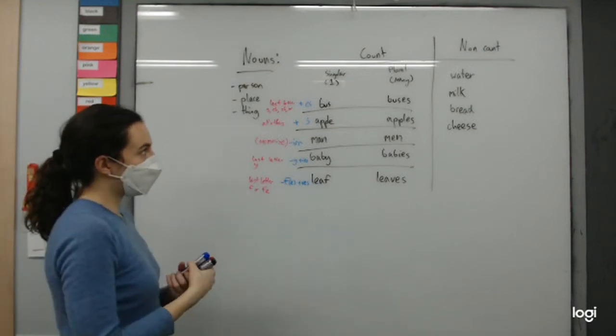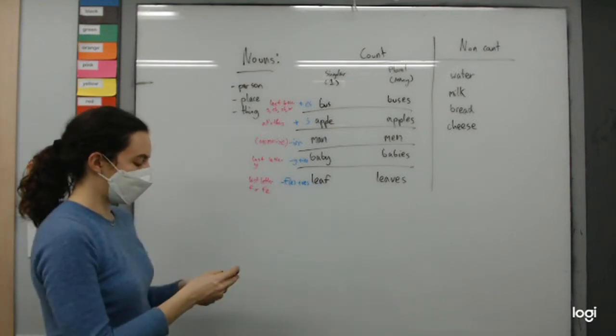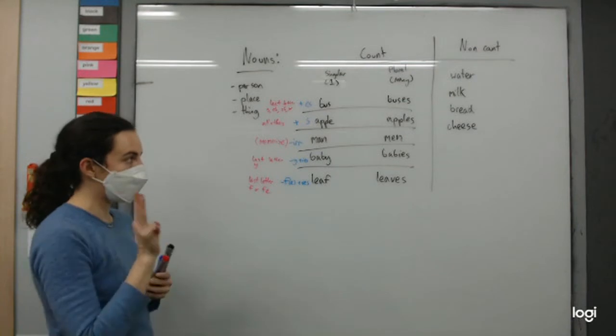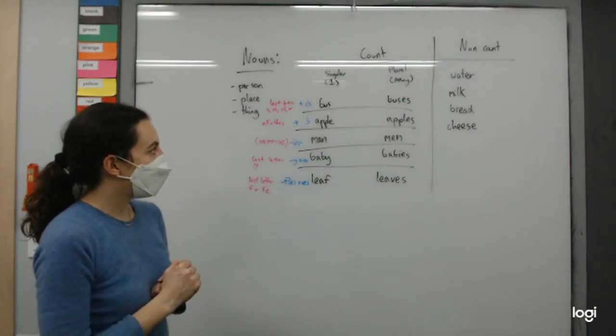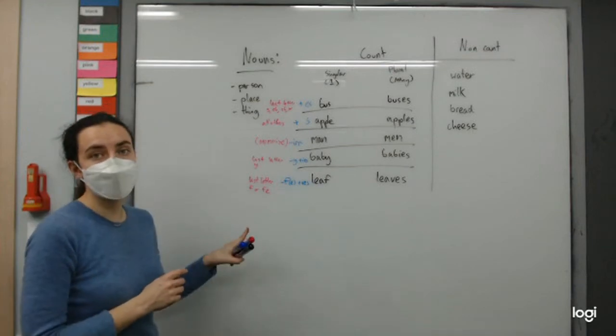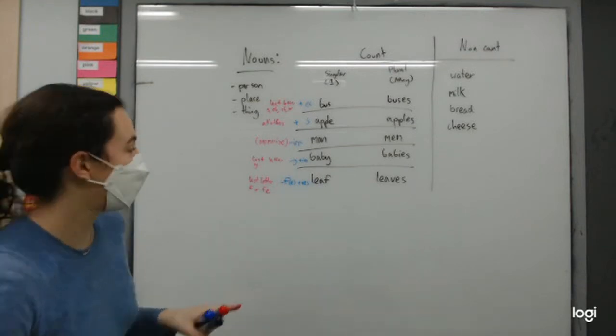So, we also are going to talk today about articles. So articles, we have 3. In English, we have 3 articles. In Korean, you don't have any. If you want to take these notes, please take them now. I am going to erase this.